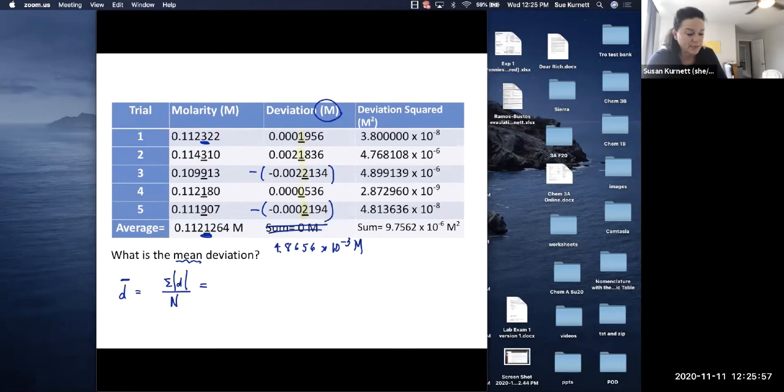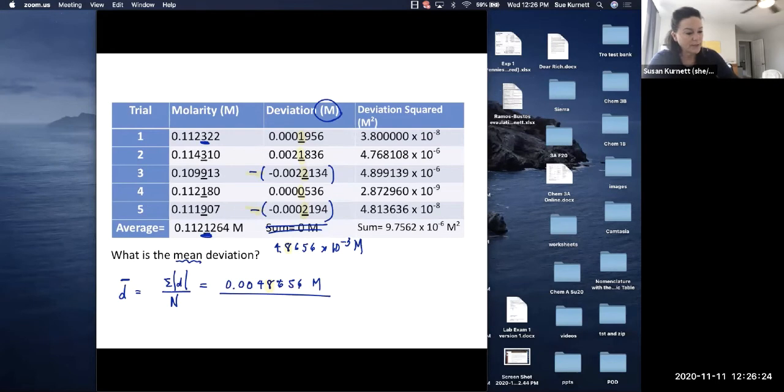And so for this number, that means it stops being significant at the 8. So I am following my sig figs as I add all these things together. And before I added them, I made them positive so they didn't add to 0.